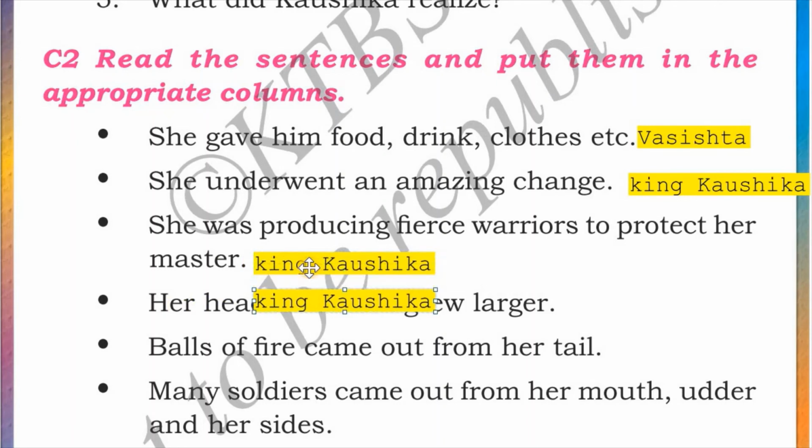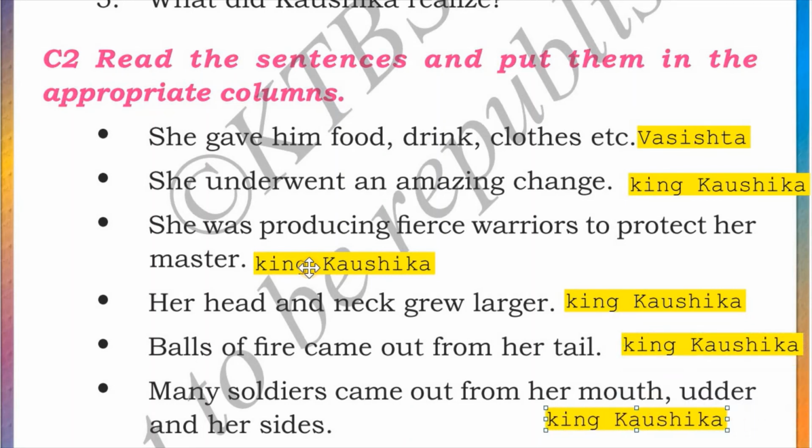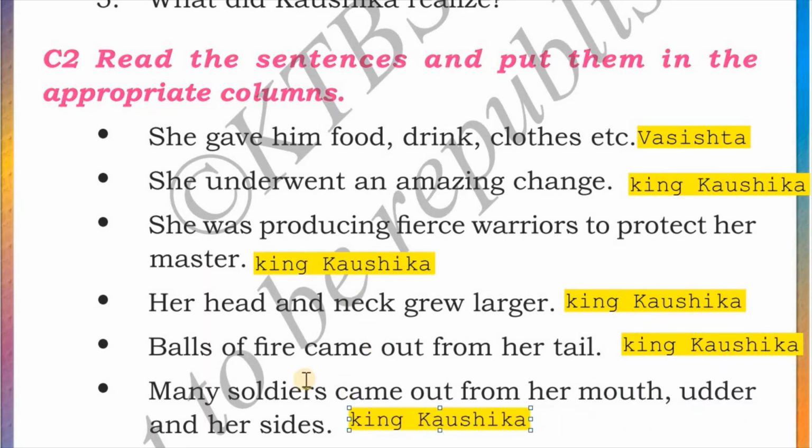This was also with King Kaushika. Balls of fire came out of her tail. Again, King Kaushika. And finally, many soldiers came out of her mouth, udder and her sides. Again, this is when she has undergone that amazing change. This is also with King Kaushika.